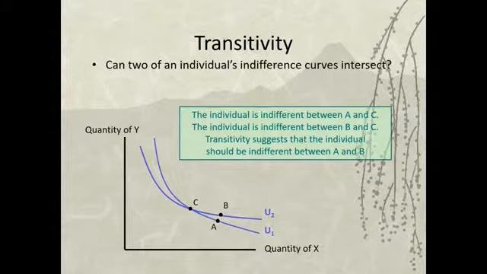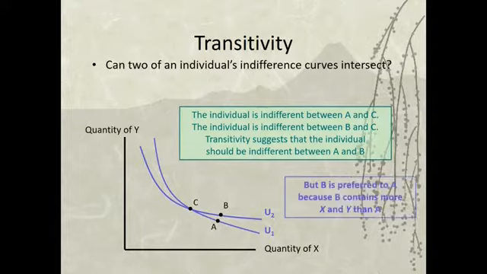So the individual is indifferent between A and C. The individual is also indifferent between B and C. Transitivity suggests that the individual should be indifferent between A and B. But you know that is not the case, because in this kind of graph, B is falling above A.